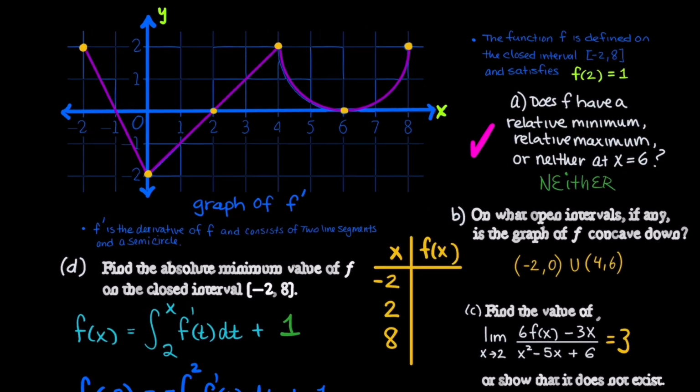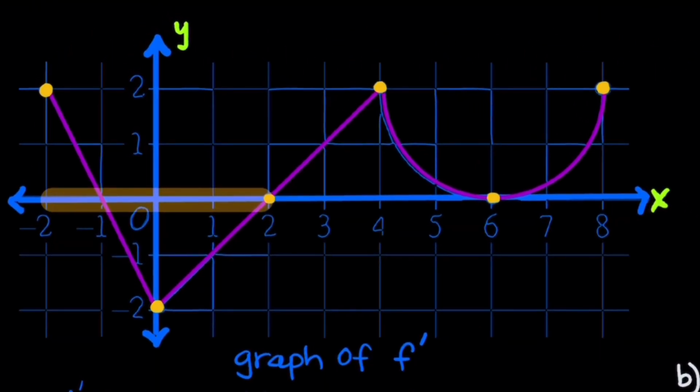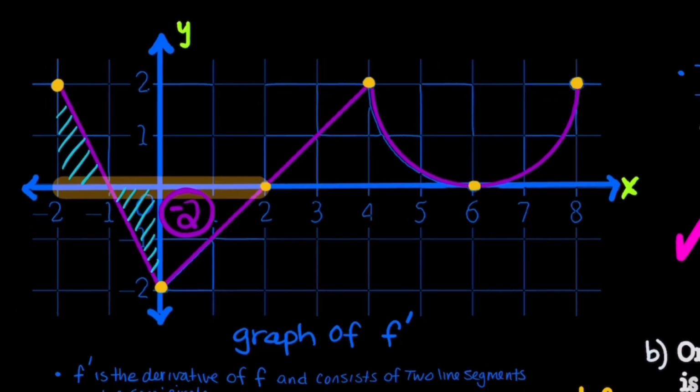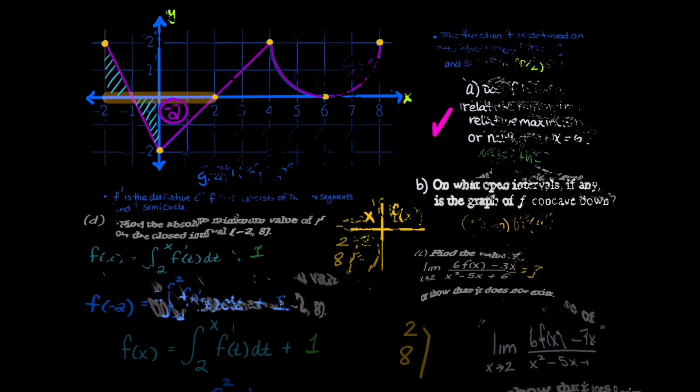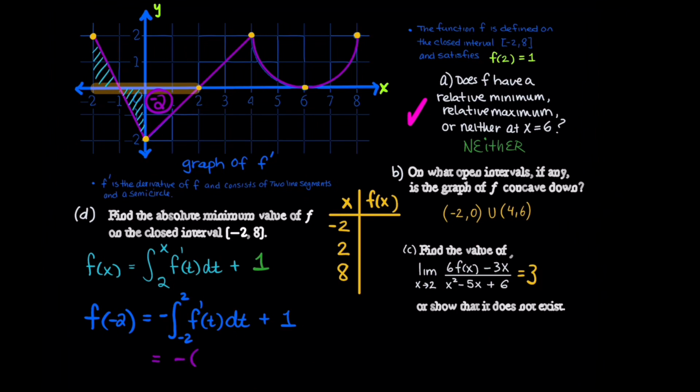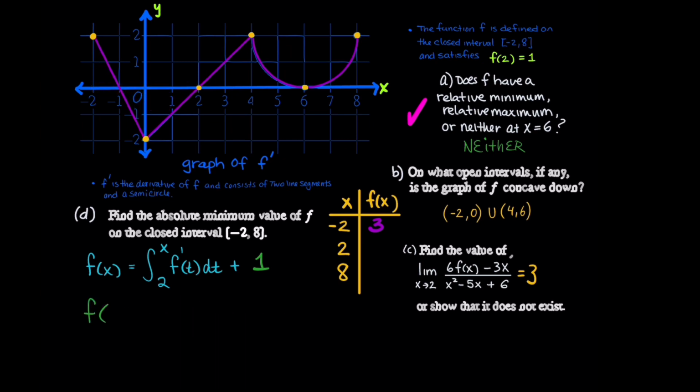So we'll be calculating the area under the curve by using the graph here from negative 2 to 2. And it looks like we're calculating the area of a few triangles. Now from negative 2 to 0, those two areas will cancel each other out because we have signed area to think about here, and the other triangle will be negative 2. So our total integral here will be negative negative 2 plus 1, which will work out to be the value of 3. So f of negative 2 is equal to 3.